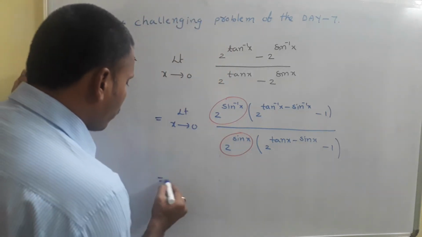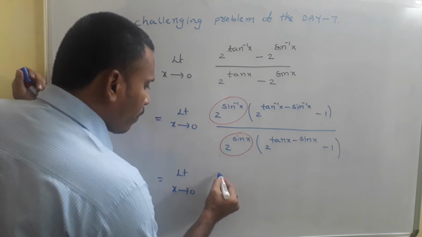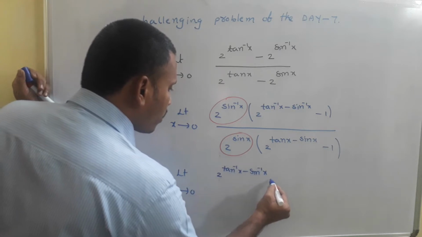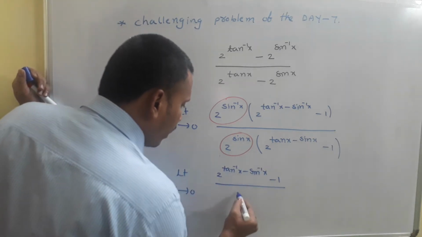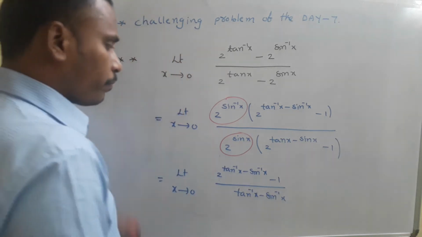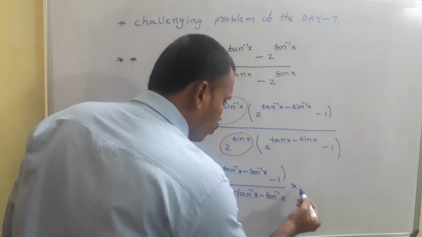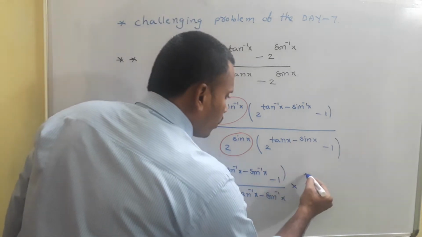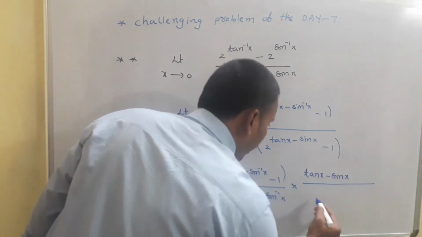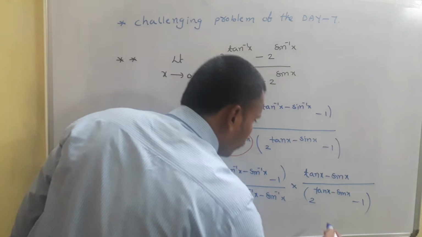Just have a look. This equals limit x tending to 0 of (2^(tan⁻¹x − sin⁻¹x) − 1) divided by (tan⁻¹x − sin⁻¹x), since this is the numerator and I am dividing it by tan⁻¹x − sin⁻¹x. In the denominator I write (tan x − sin x) divided by (2^(tan x − sin x) − 1).